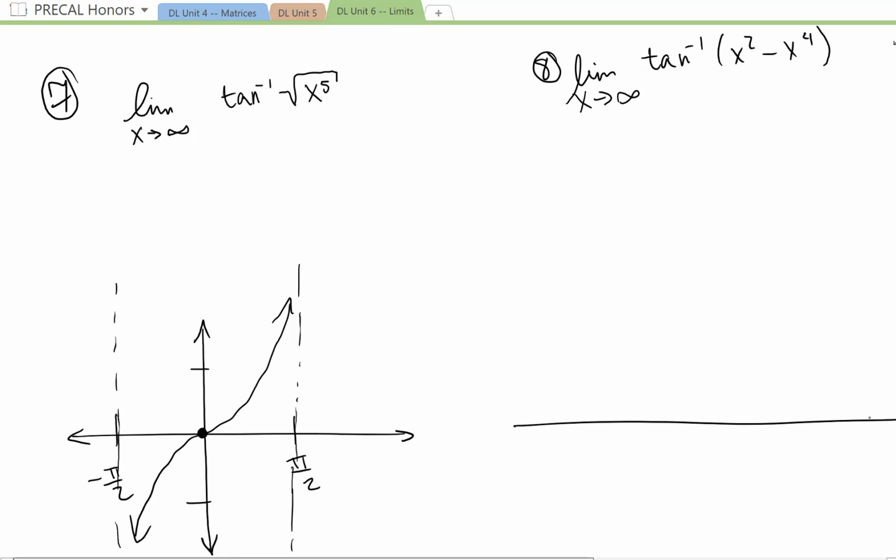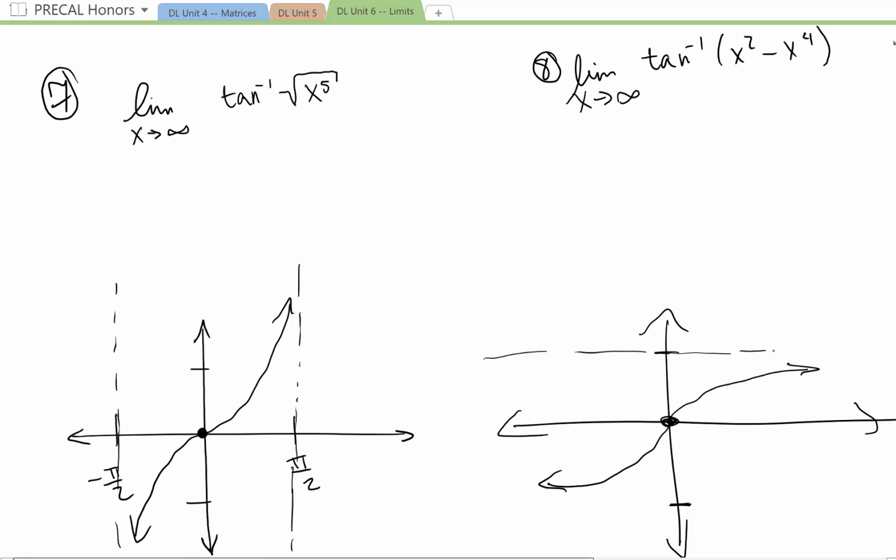So if we were to graph arctangent or inverse tan, we would reflect this over the line y equals x. So this, instead of going up, would go over, and this would go this way, which means our vertical asymptotes would actually turn into horizontal asymptotes, which is extremely helpful for these problems.